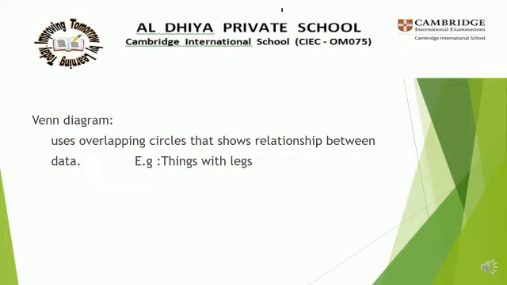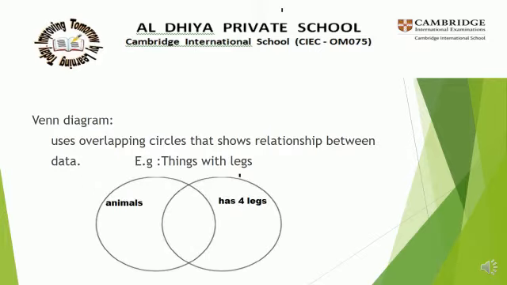First, see the example: things with legs. Here I have drawn two overlapping circles. Now it is going to show the relationship between the data. Data is a collection of information.